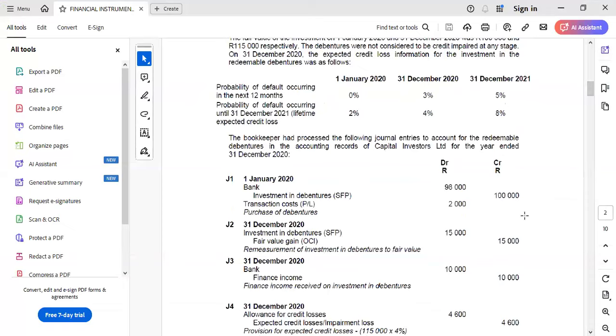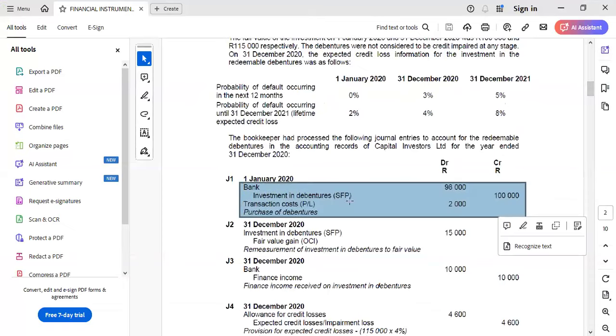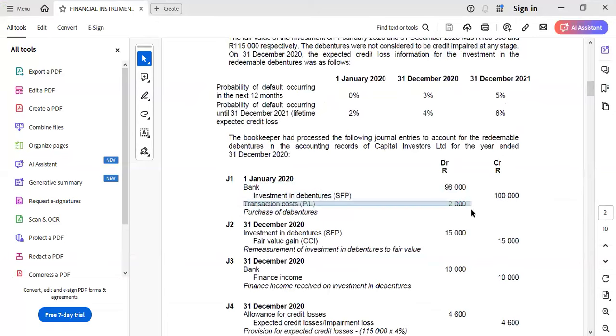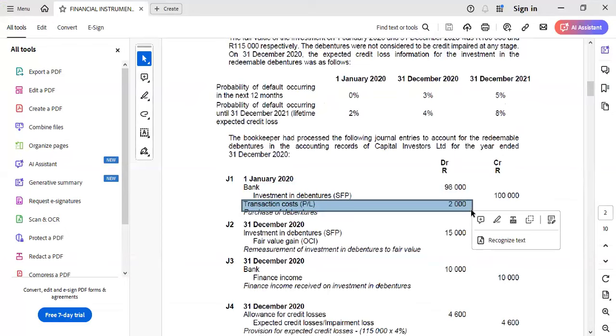The transaction costs, as you can see, were recorded separately in P&L. We only do this if the financial asset is measured through profit or loss. So it was wrong to do that. So on 1 January, it was wrong not to include the transaction cost in the investment.